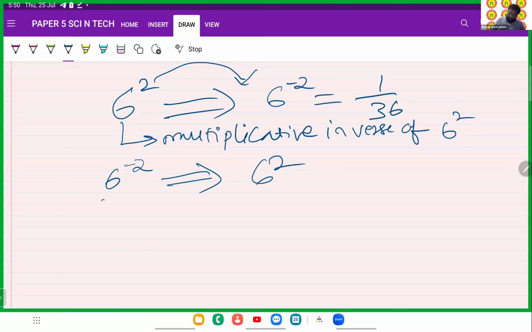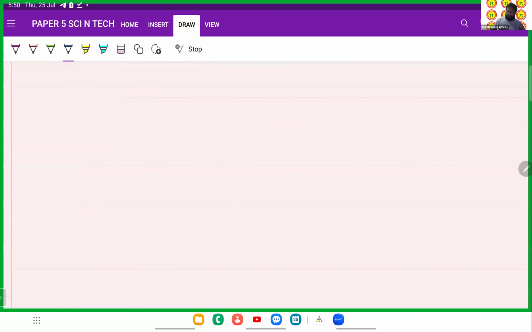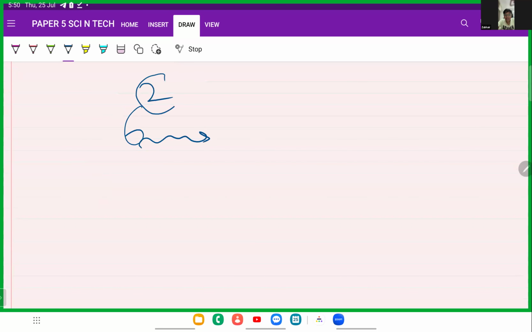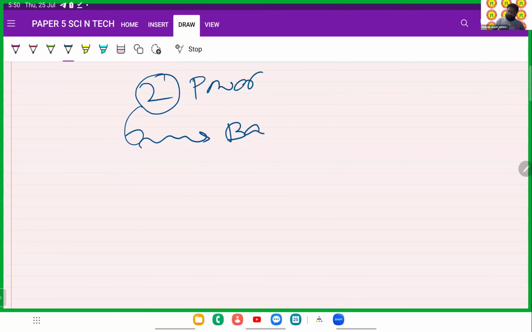So the multiplicative inverse of 6 to the power of minus 2 is 6 square. Always remember the power should be negative. Suppose they ask, you know what is power and what is base, right? 2 is power, 6 is base.